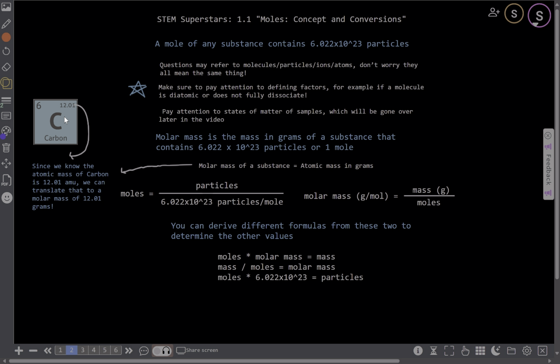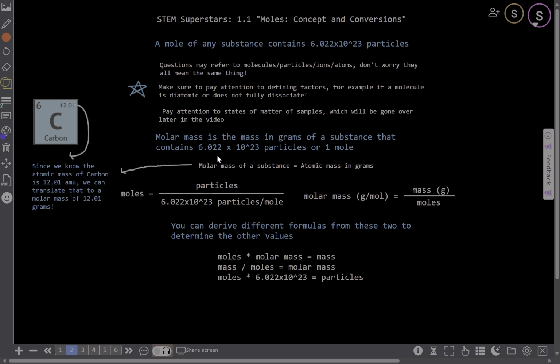The molar mass of substances can be different because, let's say you have carbon with a molar mass of 12.01 in comparison to hydrogen with a molar mass of 1.01. 6.022 times 10 to the 23 particles of carbon will have 12 times the mass of the same amount of particles of hydrogen, just due to their mass.